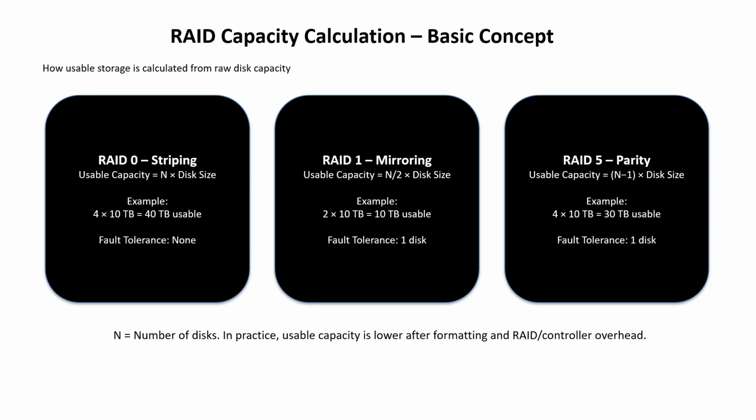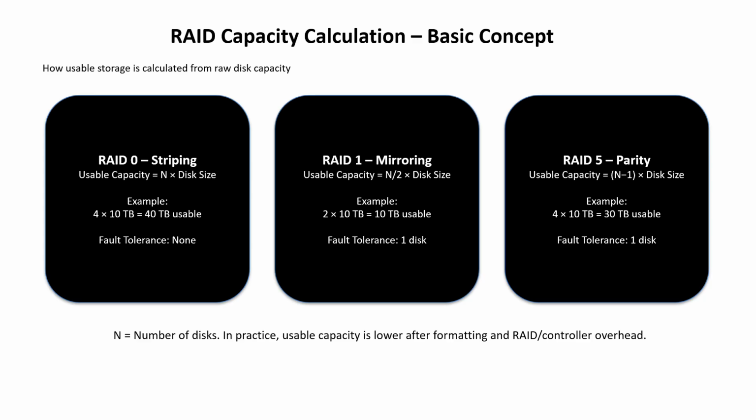The important advantage is that RAID 5 can generally tolerate the failure of one disk. So at any point of time, in these four disks, if one 10 TB disk fails, your data is still safe and secure because we are using RAID 5.